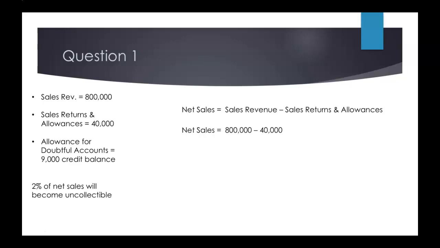So $800,000 minus $40,000, and you find out that your net sales are $760,000. So we say 2% of that will become uncollectible. Well, 2% of $760,000, we multiply that by 0.02, and we find that 2% of our net sales is $15,200.